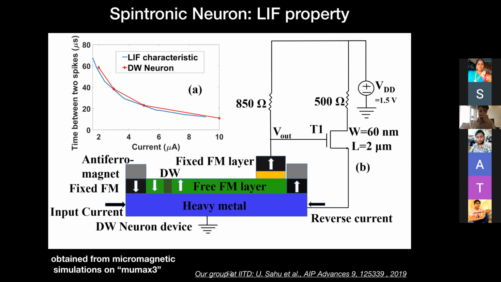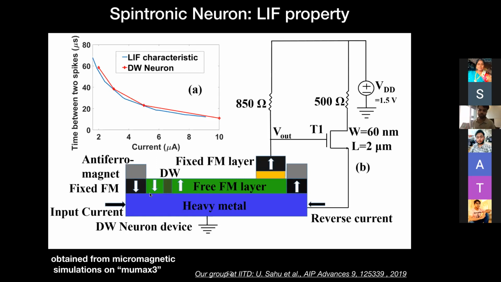In the leaky integrate fire model, it's a capacitive model where when the current comes in, the voltage across the capacitor goes up as an integral of the current over time. In the domain wall device, such a thing can be seen because the position of the domain wall is proportional to the voltage. If the position crosses a certain threshold, the domain wall device will trigger a spike like a neuron does.